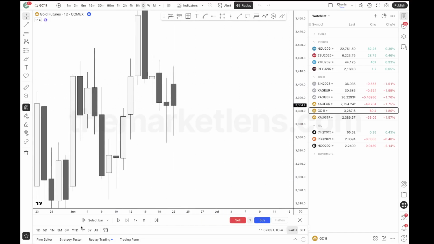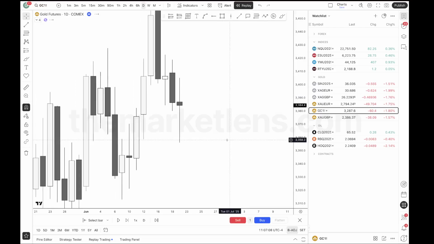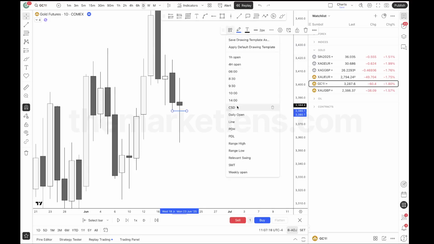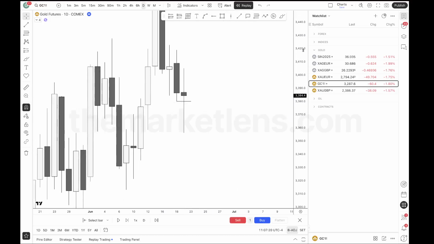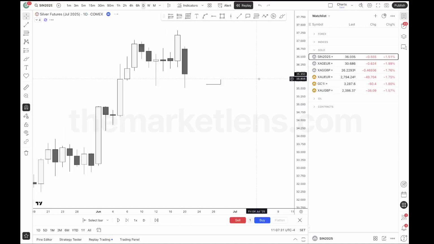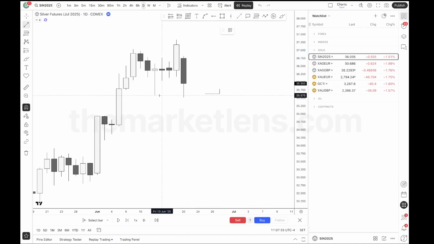So when I look at this day here, what do I notice about Friday's candle? Let me minimize this stuff real quick. I see that we have swept out the previous day's low. You're in EQ of this range, right? So I can already anticipate potentially a Monday continuation to these fair value gaps. When I go to silver as well, we're just around this low.